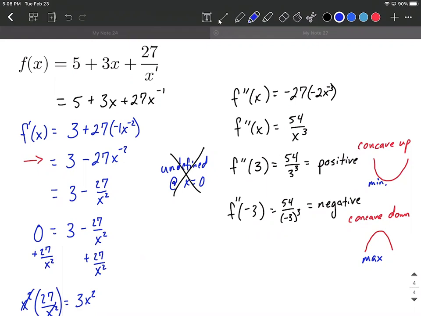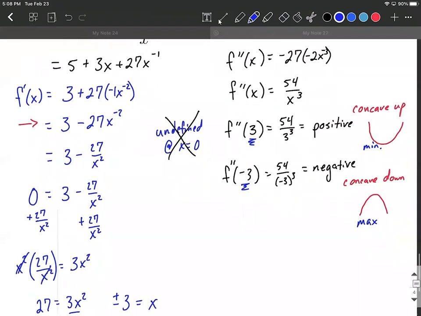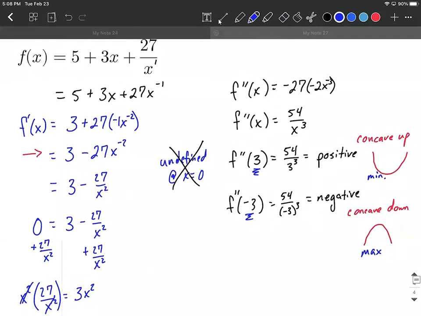What you need to do is take these x values that we found, 3 and -3, and go back to the original function and plug them in there. So the original function, we have f of 3 is going to be 5 plus 3 times 3 plus 27 over 3.